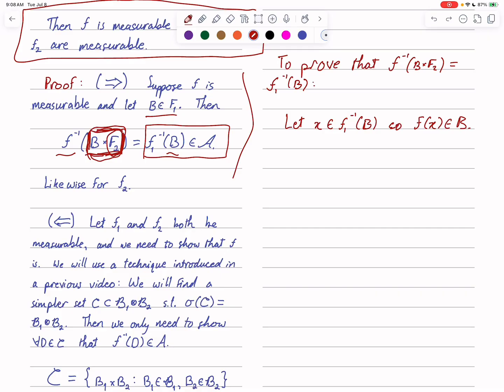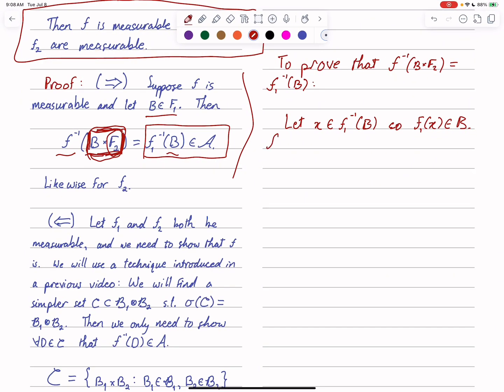So we take this element x, and immediately by definition, it just means that f1 of x is in B. Now, to prove that x is in this set, I need to consider f of x.